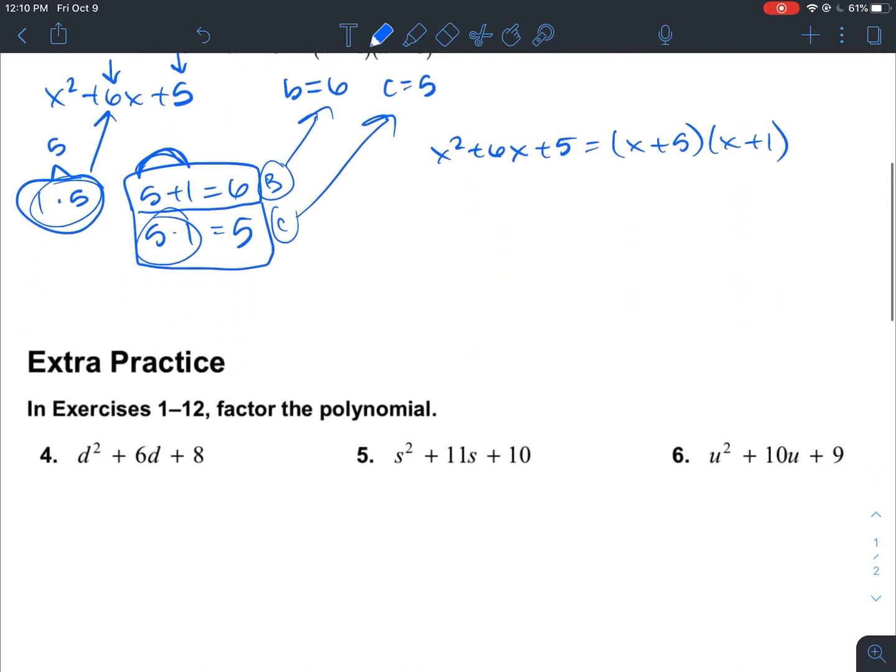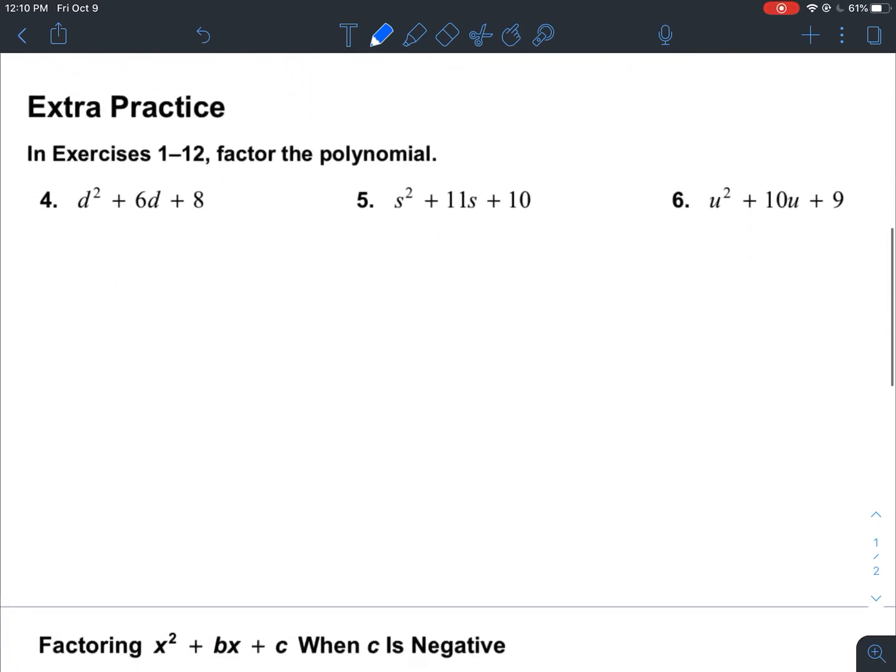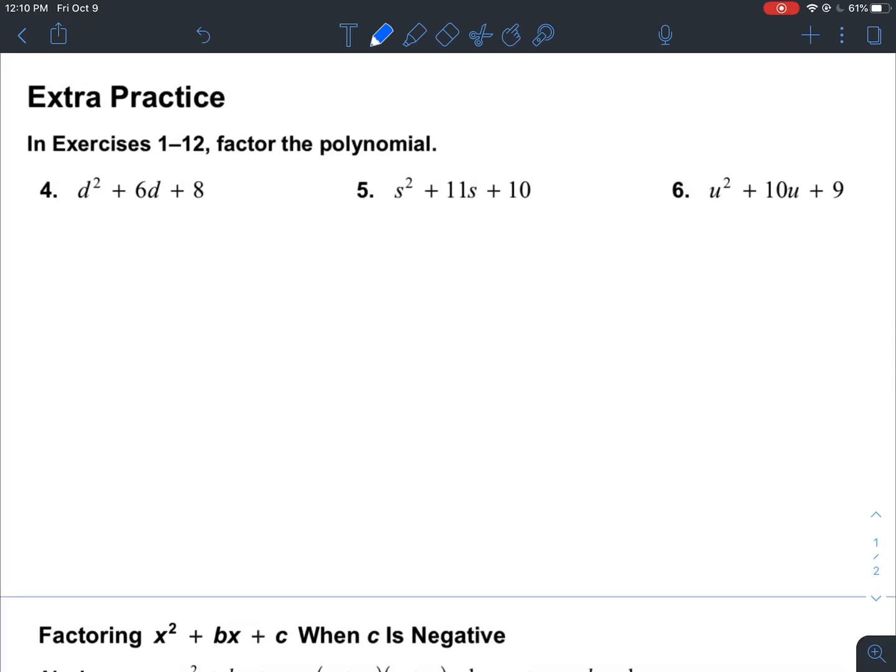Okay? Let's just do a lot of practice problems in order to get this down. So for 4 through 6, it just says factor the polynomial. So again, first identify b and c. So in this case, b is equal to 6, c is equal to 8. Now take 8, which is the c value, find the factors of 8. So that's going to be 1 and 8, 2 and 4. Alright?